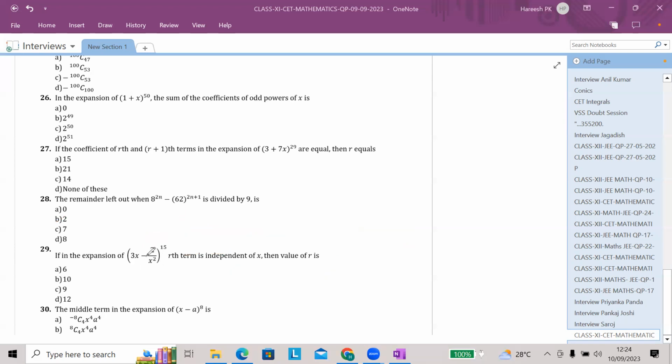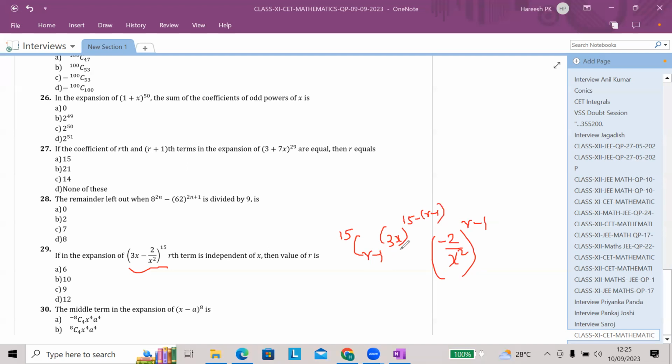Next one, if in the expansion of this, rth term is independent of x. So what is t r plus 1? t r plus 1 is 15C r minus 1, minus 2 by x square power r minus 1 into 3x power 15 minus of r minus 1.